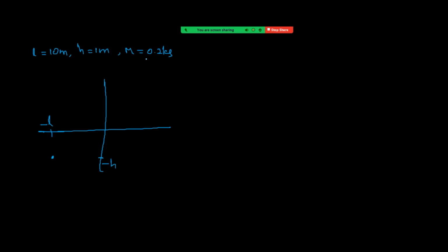Now see the options. The particle arrives at the point at t equal to 2 seconds. And given one more thing, acceleration, which is a constant, 10 meter per second square along the positive x-axis.